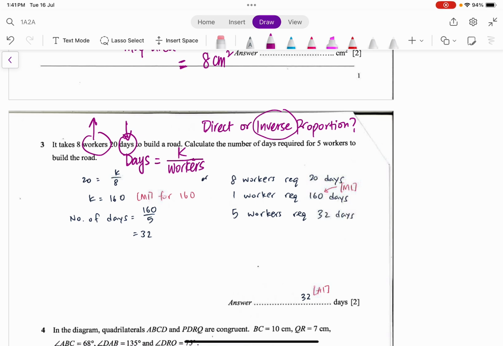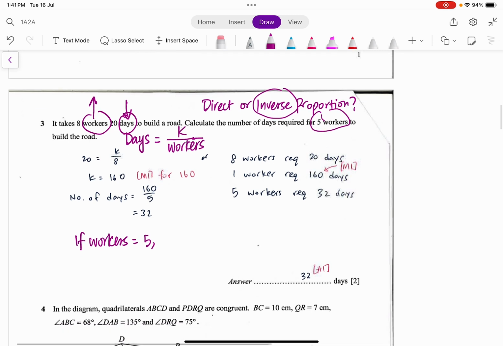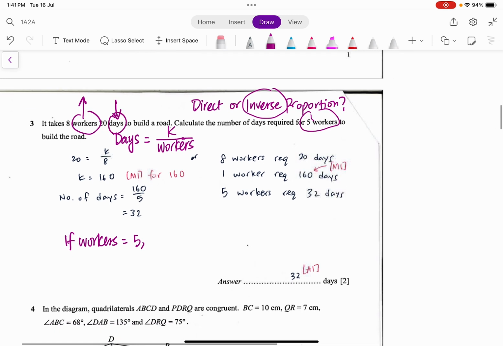Okay, so number of days needed. If I have now 5 workers, so based on K. Say again, I can't hear you. Can I write 8 equals K over 20? So 20 times 8 equals K. Therefore K is 160.